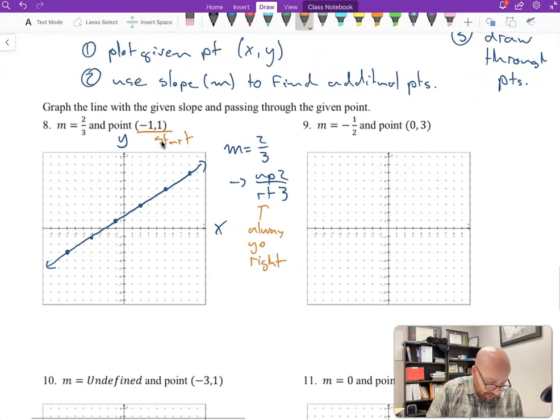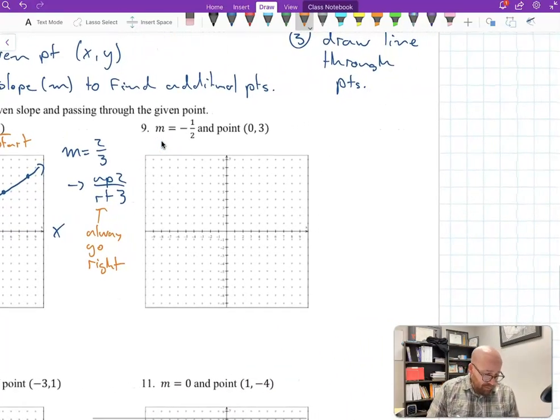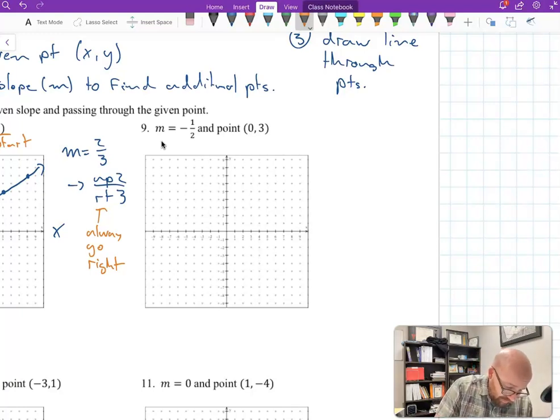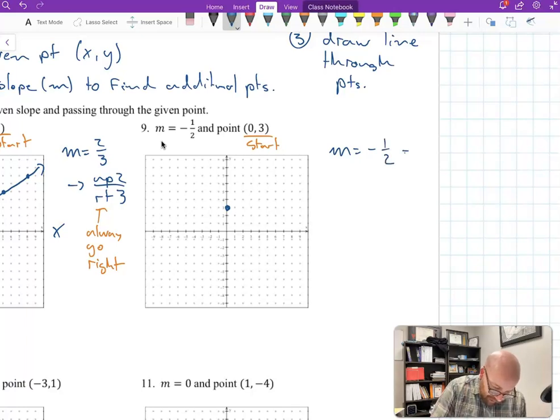Let's look at problem number 9. m is equal to negative 1/2, and we have the point (0, 3). So we're going to start right here at (0, 3). So x is 0, y is 3, at this point right here. Now, if m is equal to negative 1/2, think of that as negative 1 over 2.